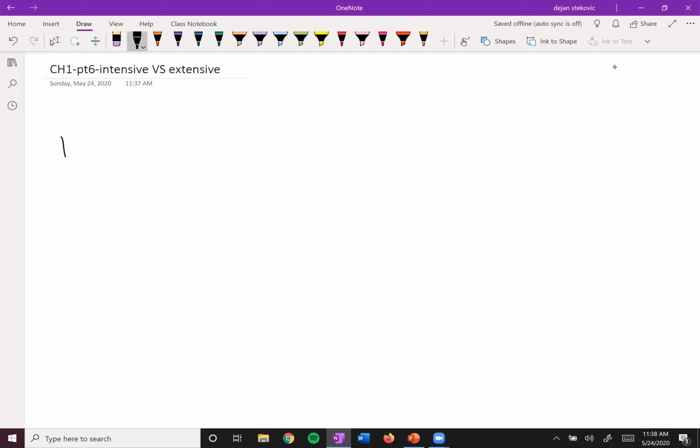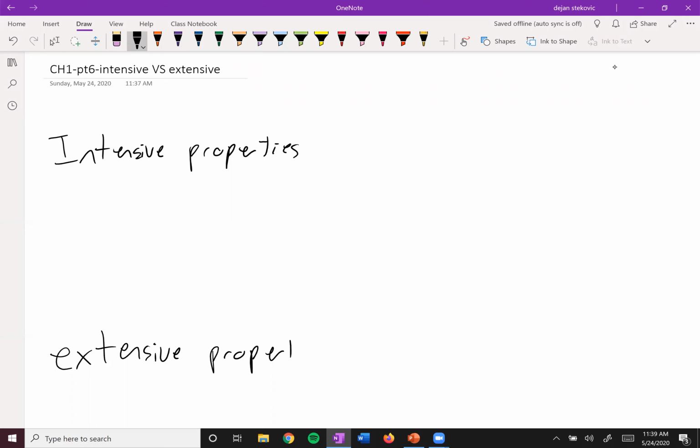There's intensive properties, and then there's extensive properties. So intensive properties do not depend on the amount of stuff.